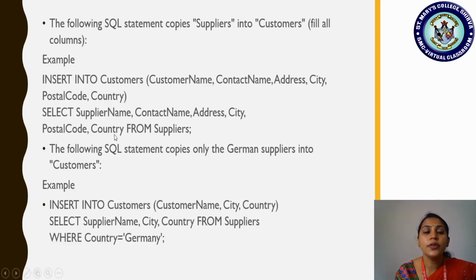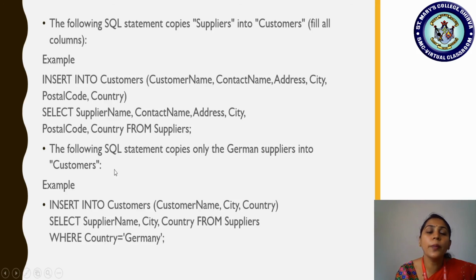All these attributes in this order from which table? Suppliers. So this is how we can copy all the columns. With this example, all the tuples from suppliers will be copied to which new table? Customer table. Now the following SQL statement copies only the German suppliers into customers.